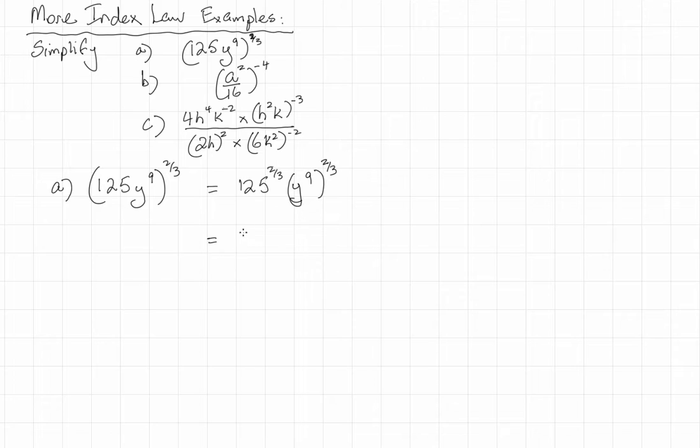So that's probably not too difficult to do. So we've got the cube root of 125, put a 3 there for the cube root, all raised to the power of 2. So we've got to find the cube root of 125 all raised to the power of 2. And then we've got a power to a power, so we times the index.